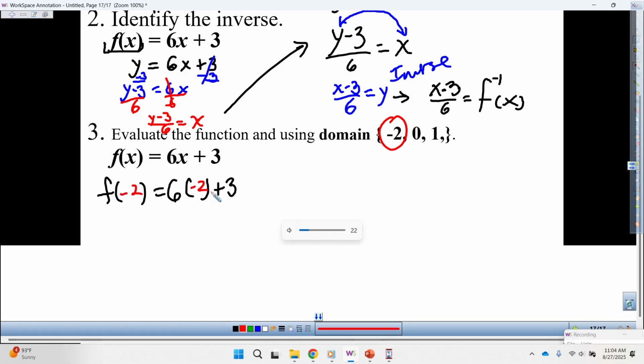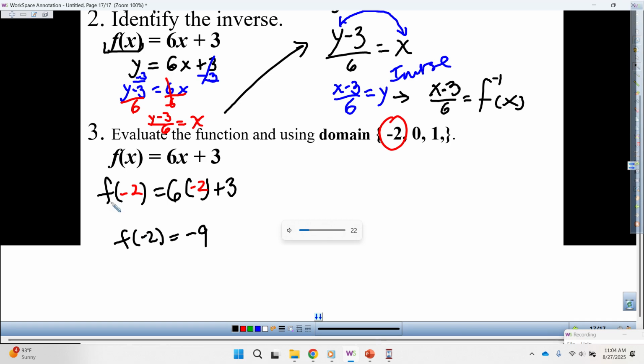Tell them what you got for f of negative 2. And Natalia's going to pass it to someone. Natalia, pass someone. Hyman, what'd you get for f of negative 2? Negative 9. Hands if you got that.